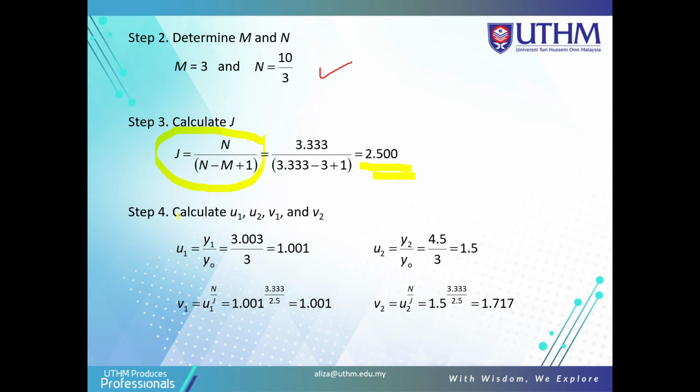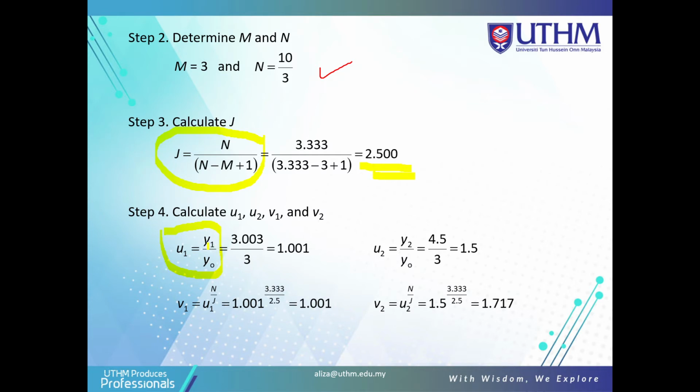To calculate u1, u2, v1 and v2, we use this equation. We must have y1 and y0. Actually, we don't know y1. For this question, we know that y0 is 3.